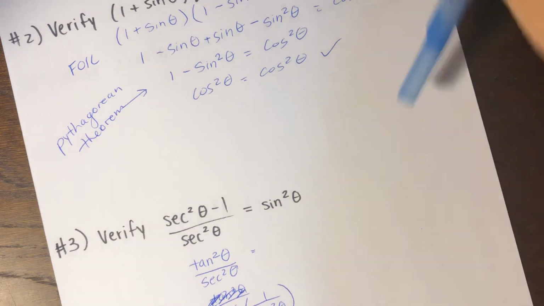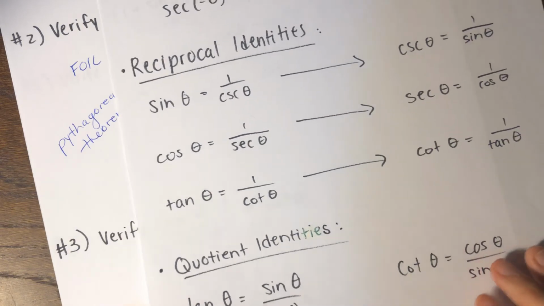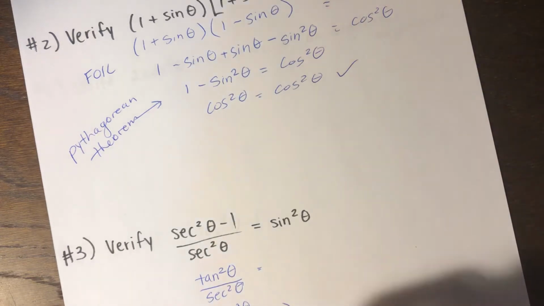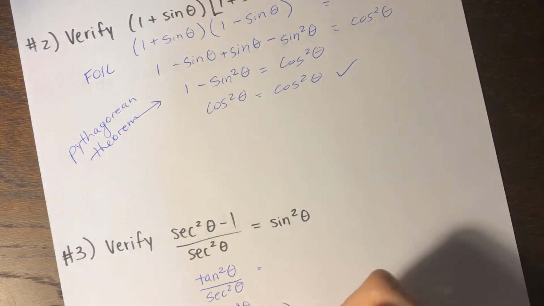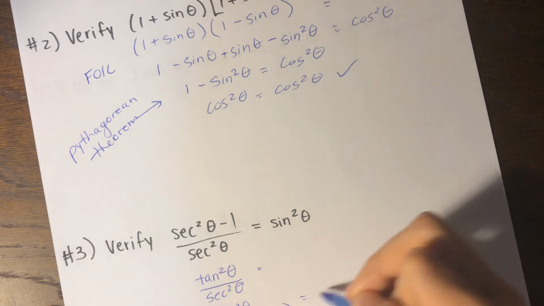We know that 1 over secant is cosine. So this becomes tan squared theta times cosine squared theta, which is equal to sine squared theta. That's what we're trying to prove.